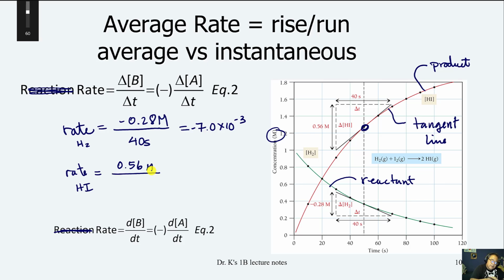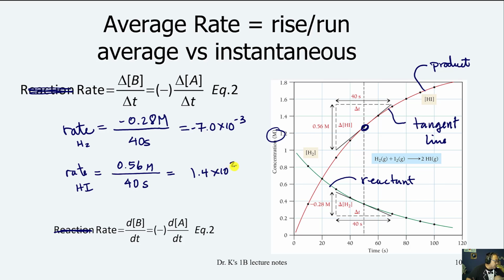And then I'm going to do 40 seconds again. And you notice that it's 0.56 positive because it's increasing, right? And so that's going to come out to 1.4 times 10 to the minus 2.